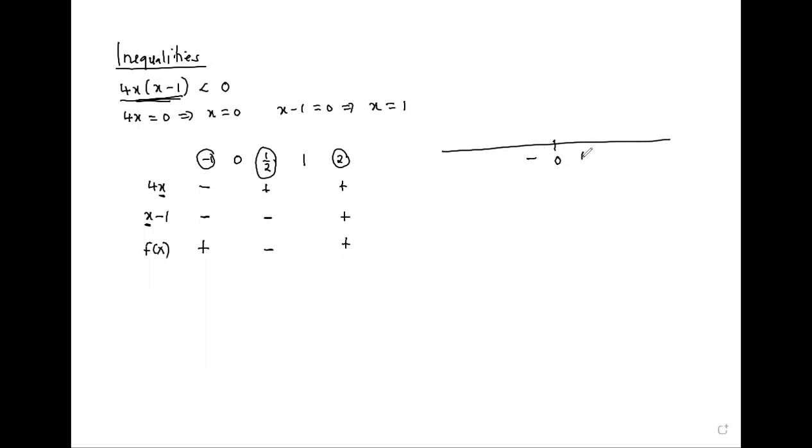To the right, positive direction. So this is less than 0, so it's about the sign. So it is negative. So the solution set is going to be from 0 to 1, not including either of them, because it's strictly less.